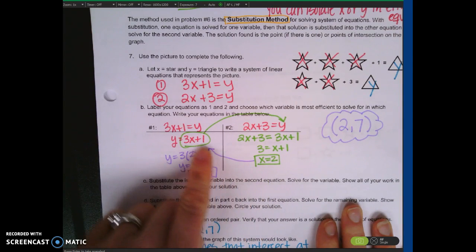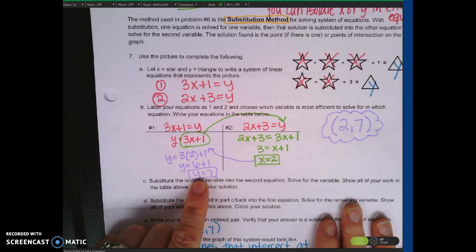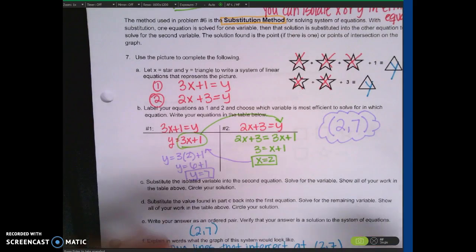So we have to substitute that value back into our isolated equation to solve for that variable. And finally, write our answer as an ordered pair.